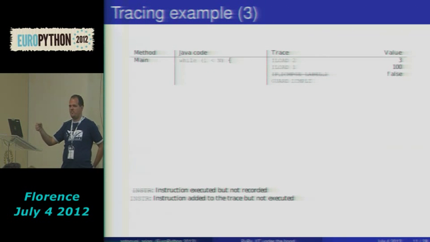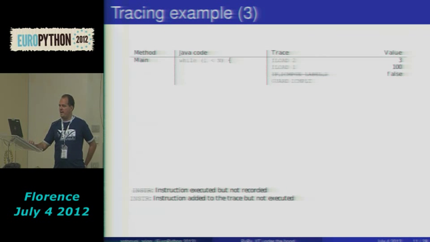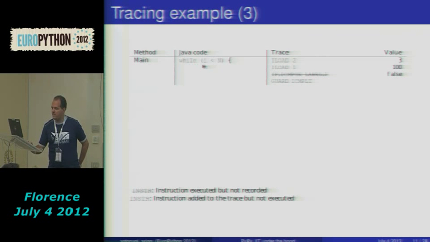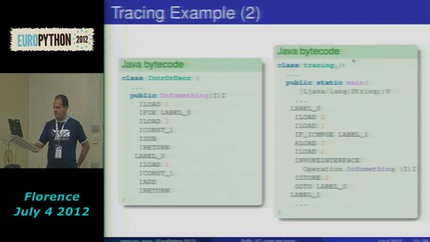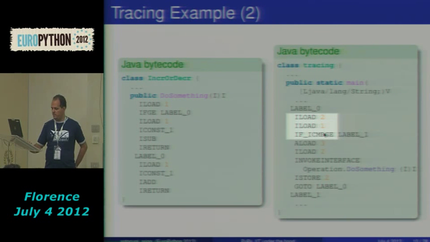So we start tracing from the beginning of the loop, and whenever we trace a line, we record all the bytecodes that are executed by the virtual machine inside our trace. So this iload 2, iload 1, these 2 bytecodes are executed and recorded at the same time.